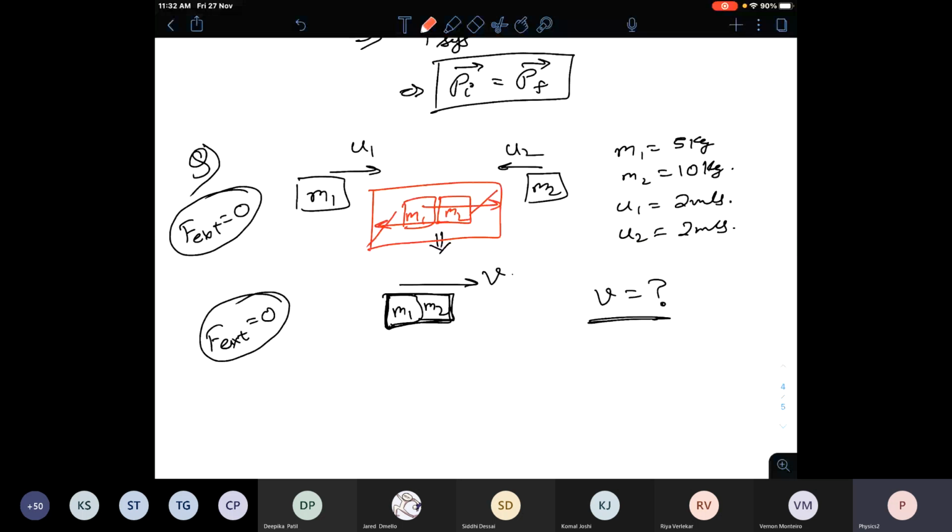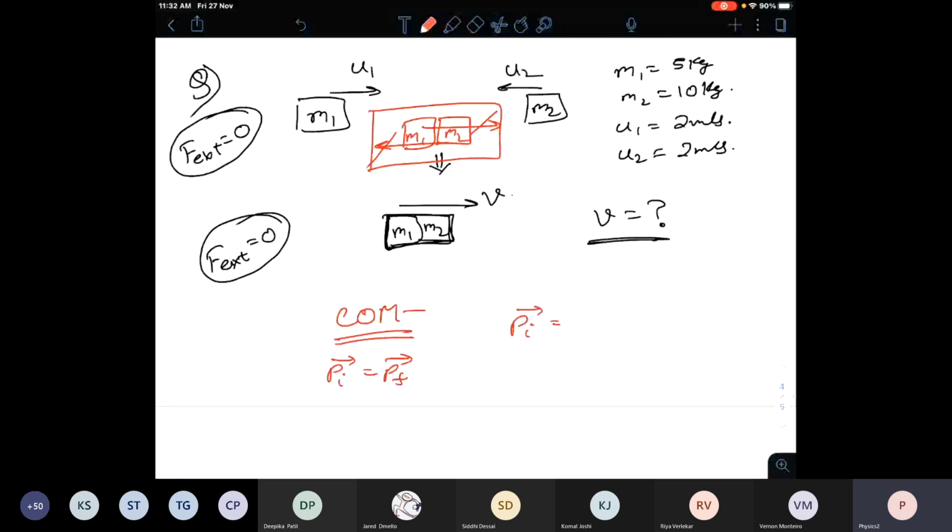So applying conservation of momentum, P initial equals P final. Let's write P initial first. Taking the right direction as positive, the initial momentum is m1 u1 minus m2 u2.